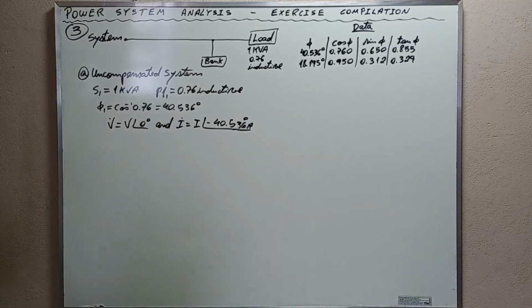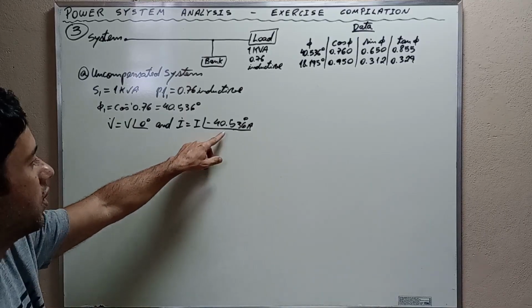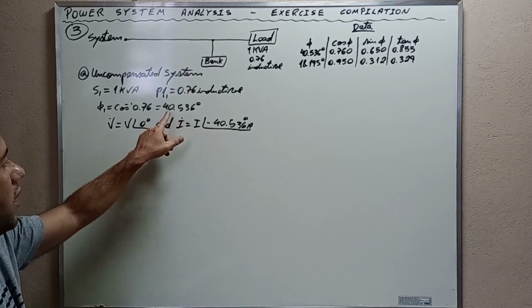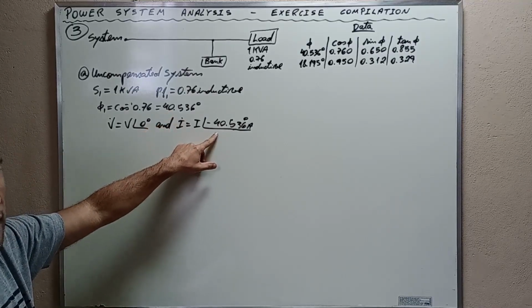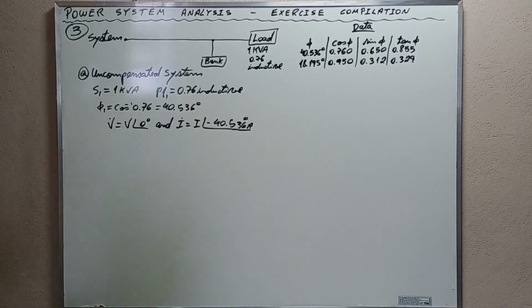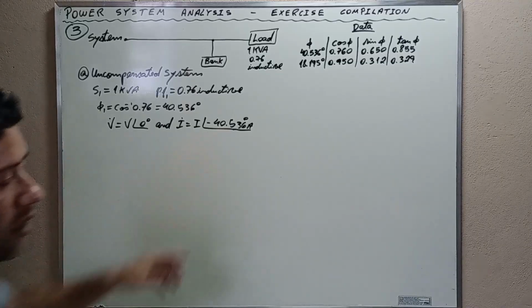Observe one more time that as the power factor is inductive, the current lags the voltage by the angle of the power factor, okay? That's why the angle of the current is the negative of this, meaning that the current is lagging, alright? That's why I put a negative sign here.